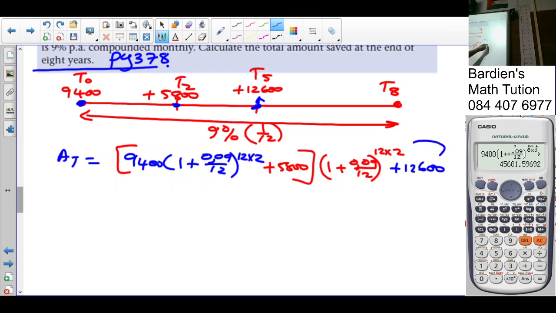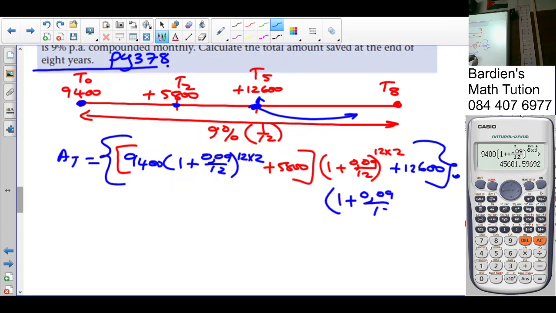Can you see that? That's now your new P value here again. And that must be multiplied by the remaining interest rate for 3 years. So 1 plus 0.09 over 12 to the exponent 12 times 3. I think the second method is the best one, the easiest one.